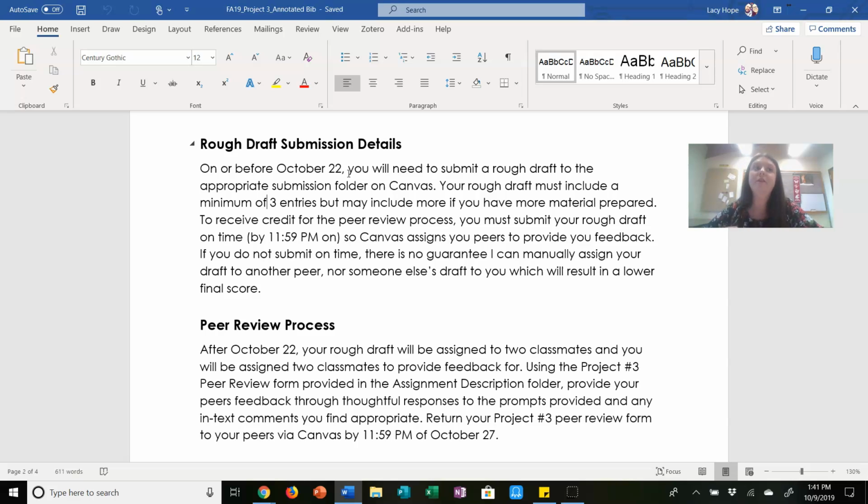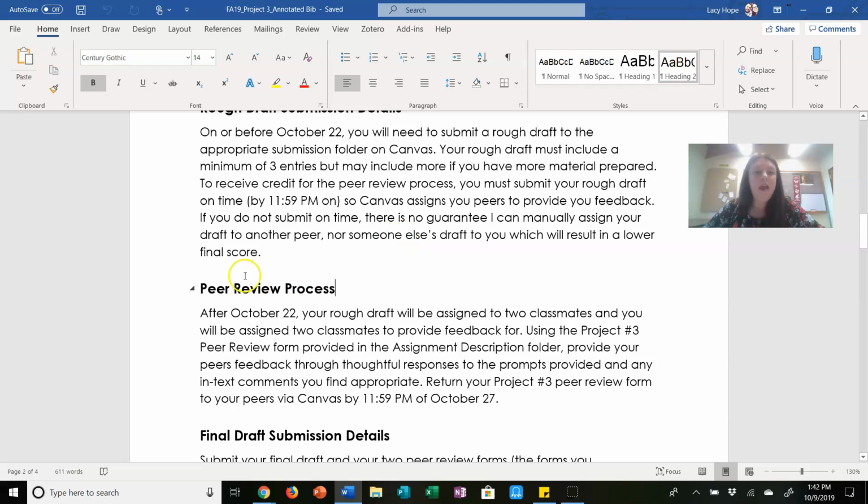So this will, I think, give both myself and your peers a sense of consistently, where your strengths are, and if there are any areas in which you could keep a close eye on throughout your composition and revision processes. Usually 3 entries is a fair number to gauge that. But of course, if you have all 6 to 8 done and would like feedback on all 6 to 8 from both myself and your peers, please feel free to include that.